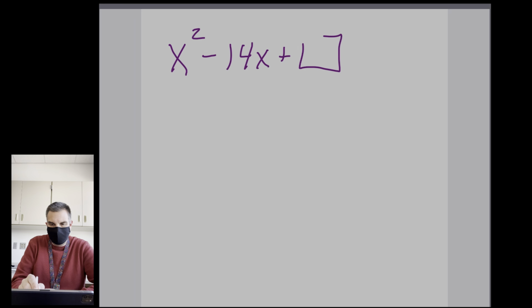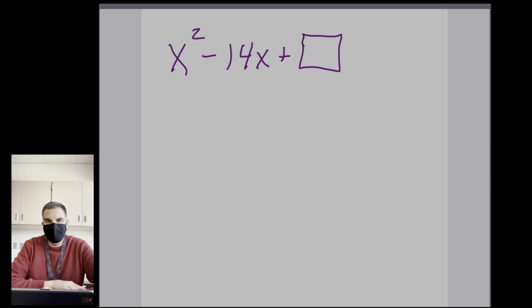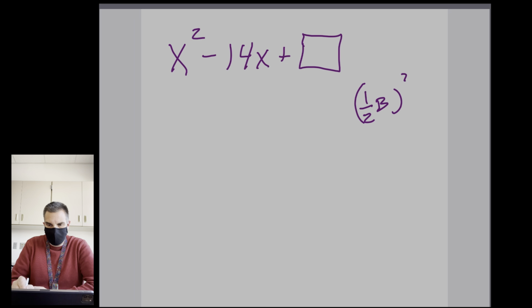So let's look at another one where we're going to complete the square. Let's go x squared minus 14x. And we're going to complete this square. So we're going to put something in here to complete the square. Our formula said it's 1/2 of b squared.